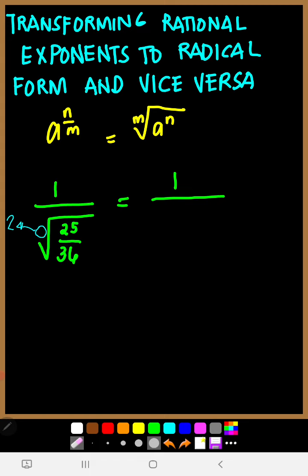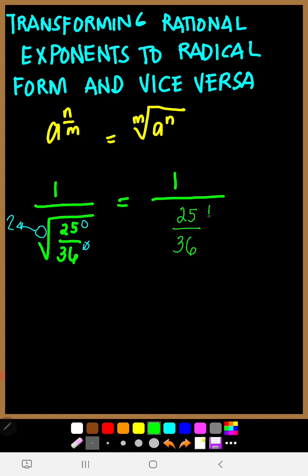Now, we have 25 over 36. Yun yung ating radicand. So yun na magiging base ng ating exponent, 25 over 36. And then wala rin naman siyang exponent. Wala kayong nakikita mga exponent, so automatic, that is 1.